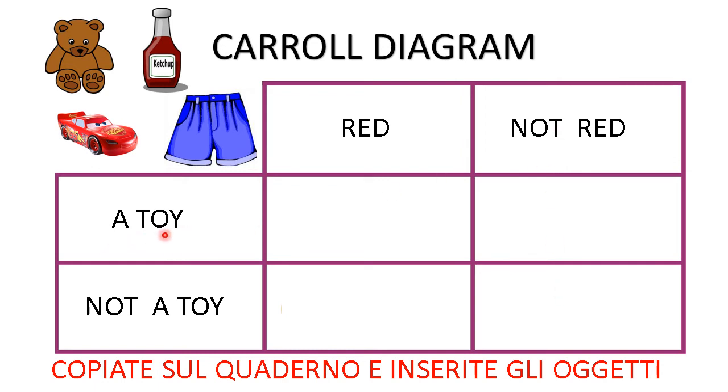The rule for the first row is a toy, and of course for the second row it will be not a toy. Look at these four objects: a teddy bear, some ketchup, a model car, and some shorts. Draw these in your diagram in the correct position.